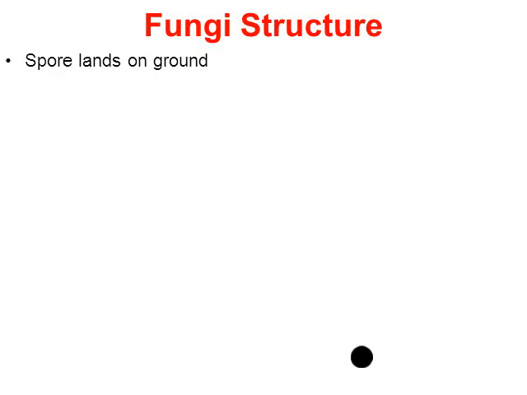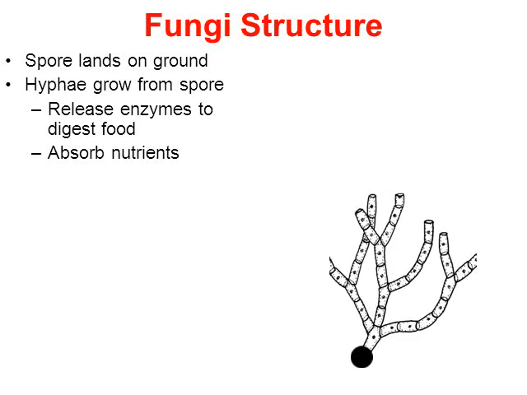So when we look at the basic structure, here we have a reproductive cell called a spore. And we'll be talking about spores more throughout these notes, but a spore has been released from one fungus and it just landed on the ground. Well, the spore is going to multiply and divide and grow. And so when the spore grows, little branches, little cells start to branch out in various directions, and we call these individual branchings of cells hyphae.